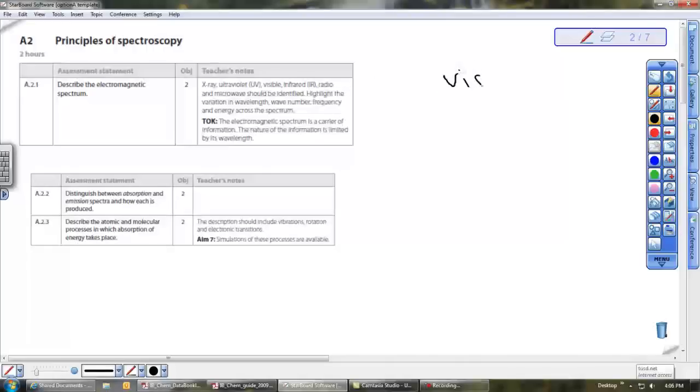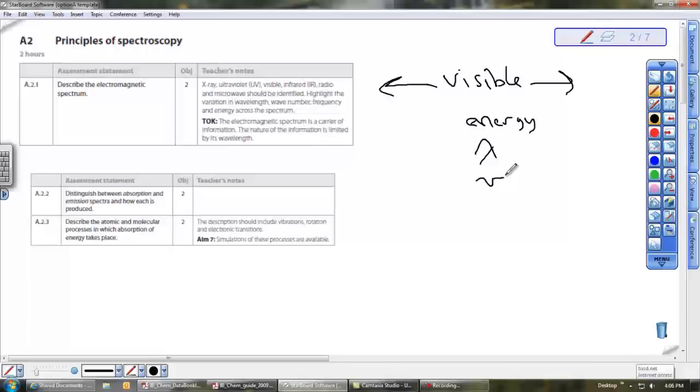We have the visible range, so we'll put that in the center. And we'll make a little spectrum here. In our spectrum, we'll have 3 terms: energy, wavelength, and frequency.